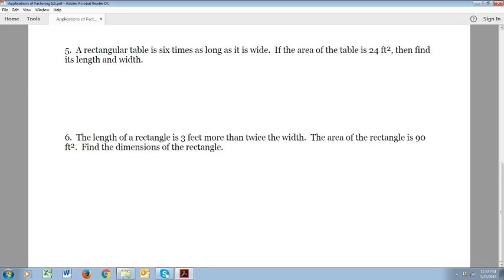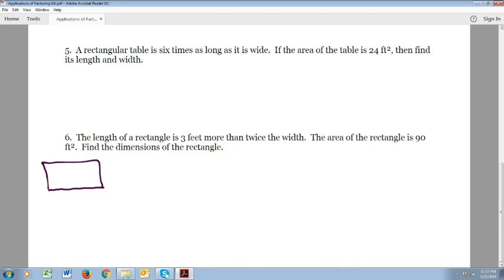Now, you may want to stop the video and try this on your own. It's a little bit different, but same process, and then watch the video. All right, so let's see. We've got a length that's 3 feet more than twice the width. So if we call our width W, let me clean this up just a little bit.